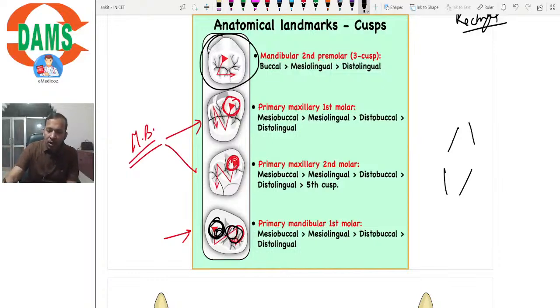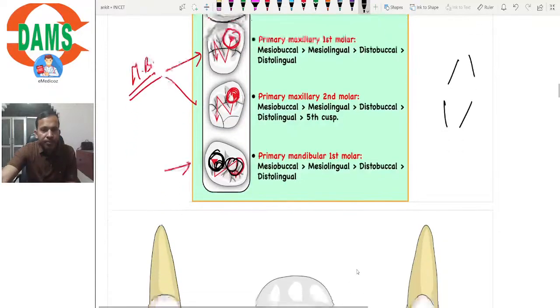This is the three cusp form of mandibular second premolar. Buccal cusp is the largest and distolingual cusp is the smallest. Clear?